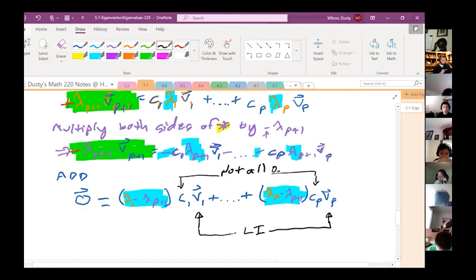So we have right here a linear combination of vectors that adds to 0. Since we have a linear combination of vectors that adds to 0, and we have linearly independent vectors, the only way that could happen is if we have the trivial solution.